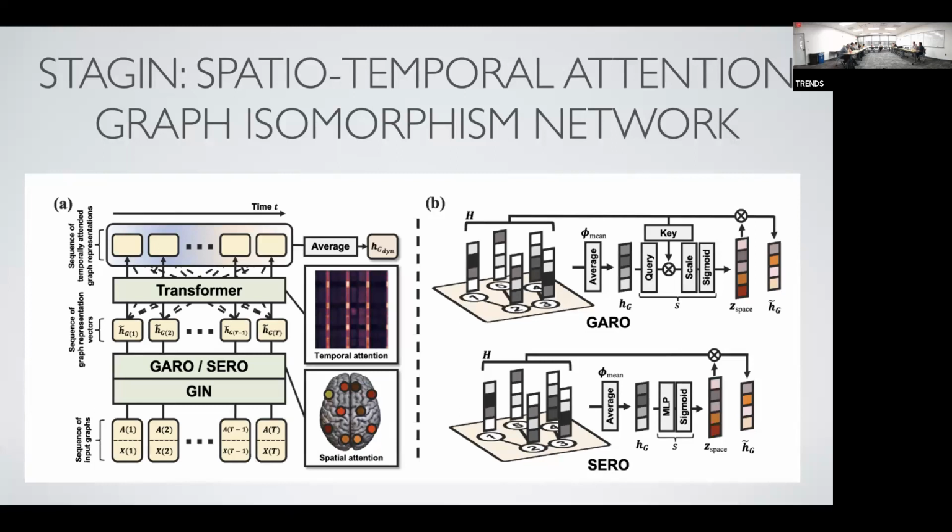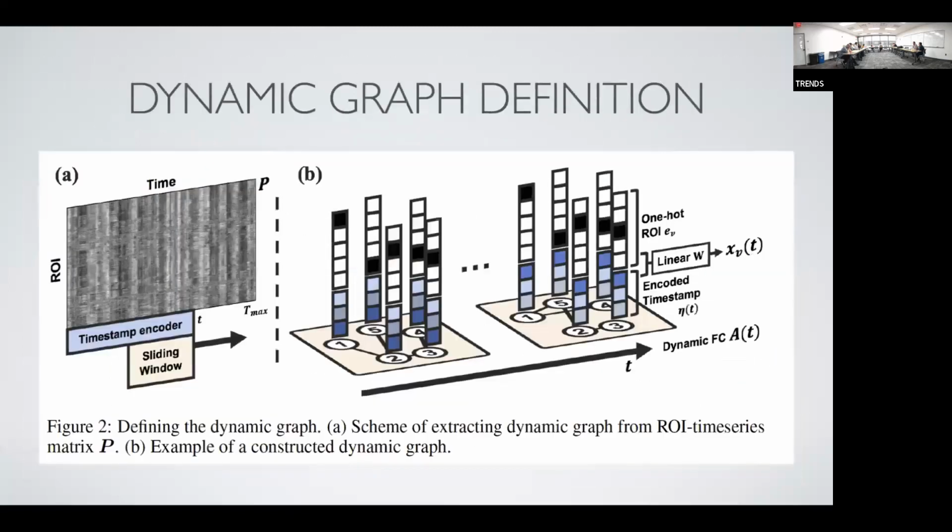That's the case of temporal information anyway. If you don't have temporal information, then it doesn't make sense that the graph will be constant. But where's the graph? This dynamic functional connectivity, dynamic FC, is the graph.